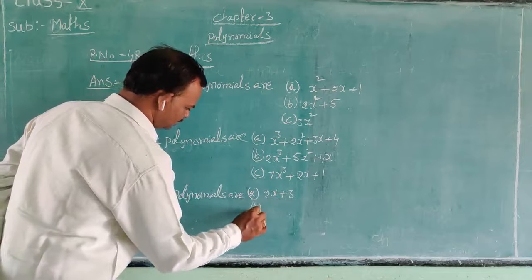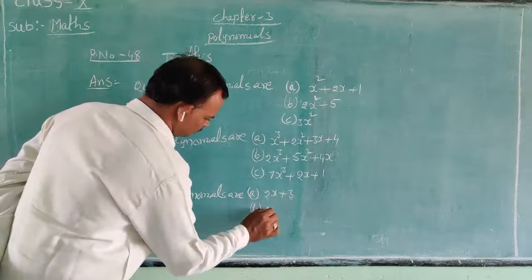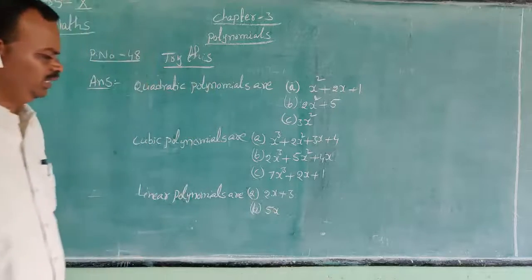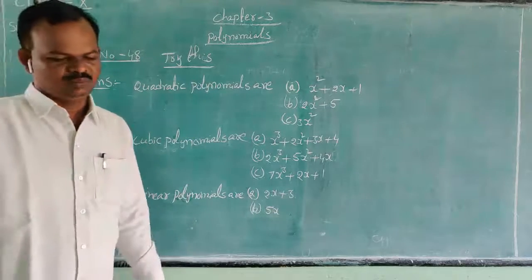And the next one is 5x. It is a linear polynomial.